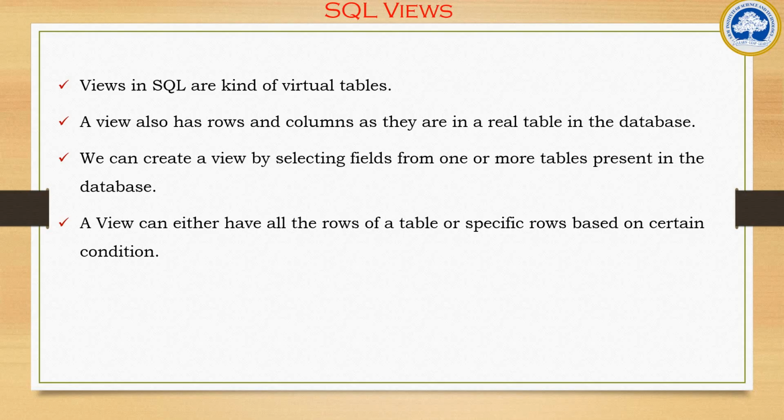A view can contain either all the rows of the table or specific rows. Rows means the content: my original table has thousands of records, and I don't want the entire content, only half of it, so we can apply conditions on rows. All these facilities are available, making the process simpler for users.